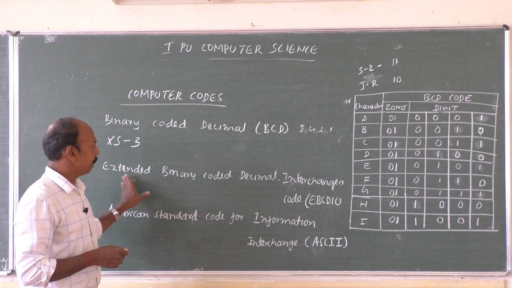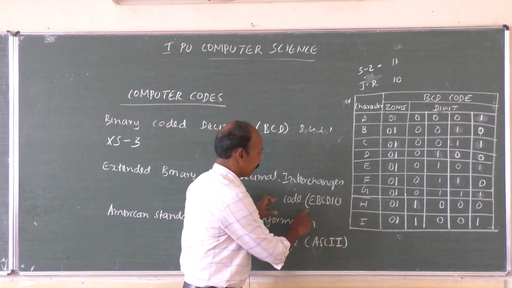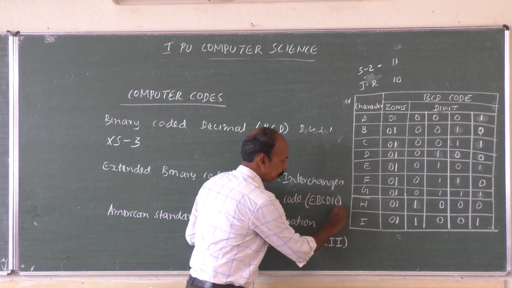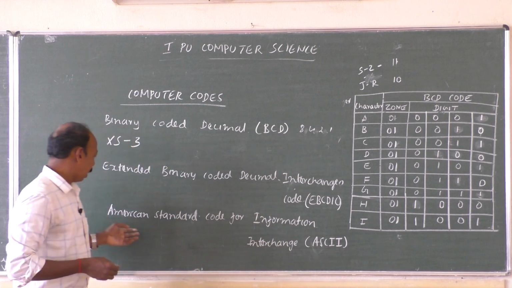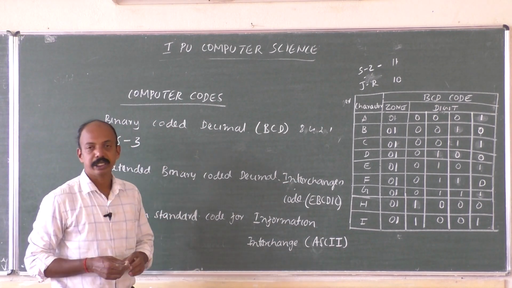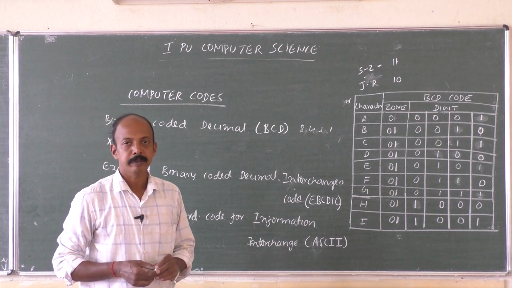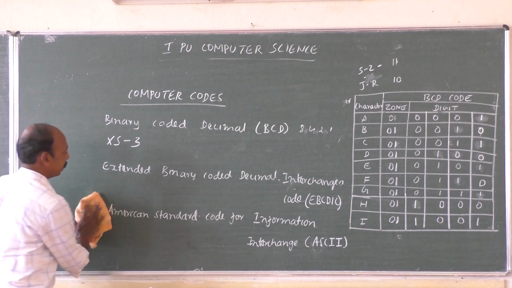Next one is Extended Binary Coded Decimal Interchange Code, which is also called EBCDIC. For 1 mark they will ask this abbreviation. And one more is American Standard Code for Information Interchange. Now let us see in brief what they are.